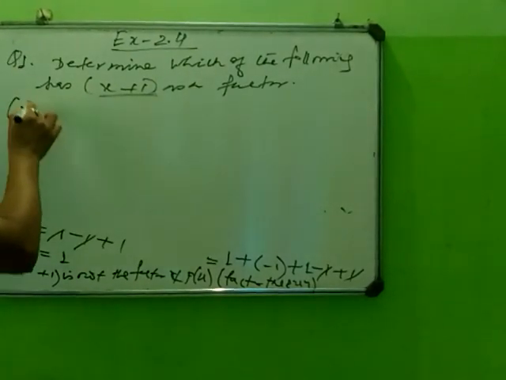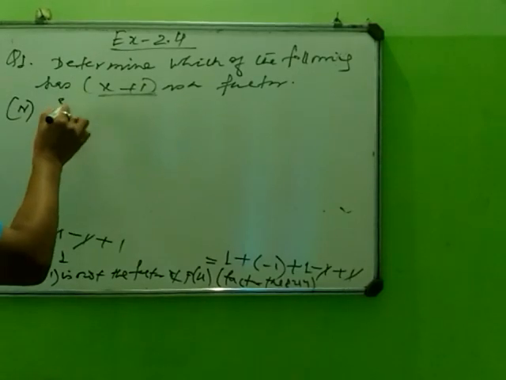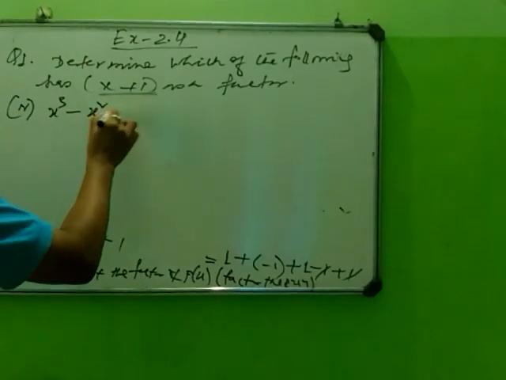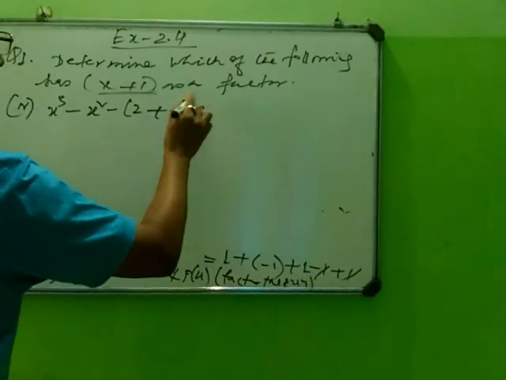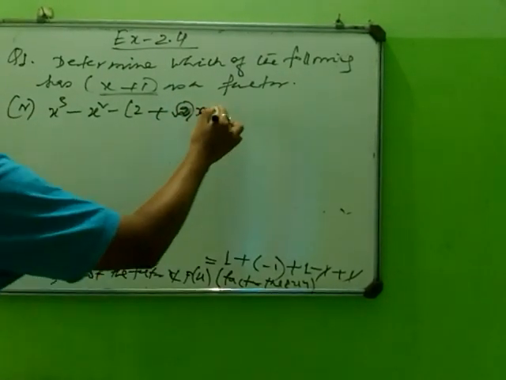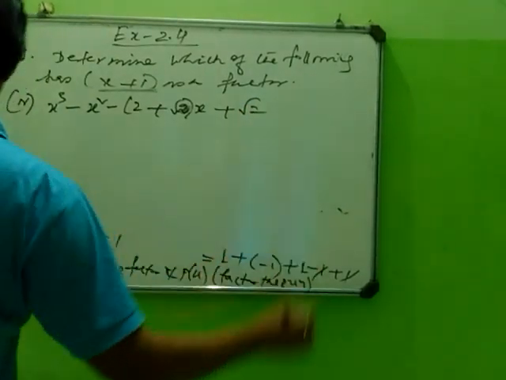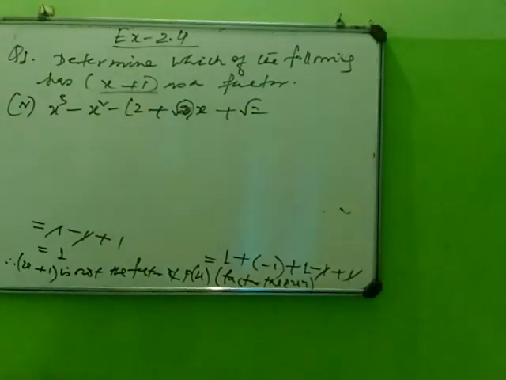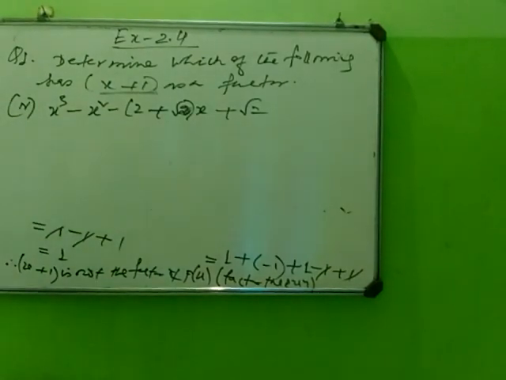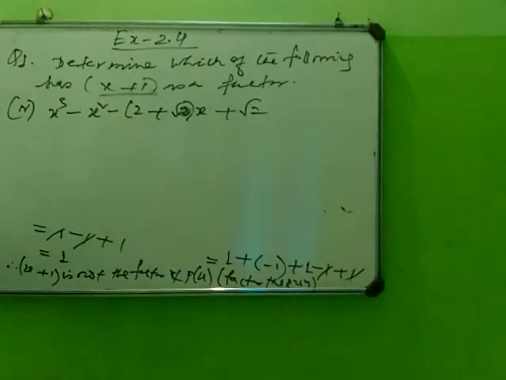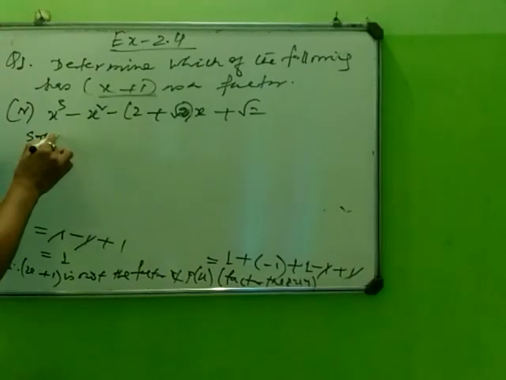Number 4, it is x cubed minus x squared minus of 2 plus root 2 into x plus root 2. Now, the question is the same. Determine which of the following has x plus 1 as a factor. Let us name it.